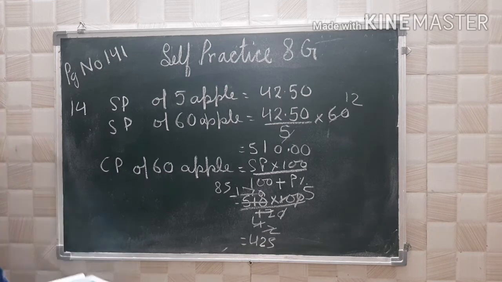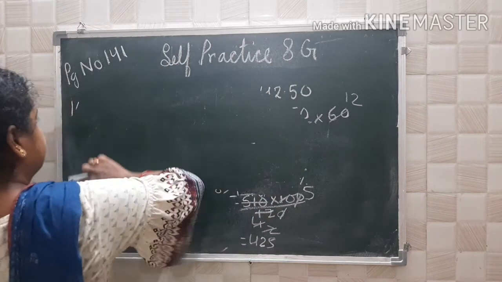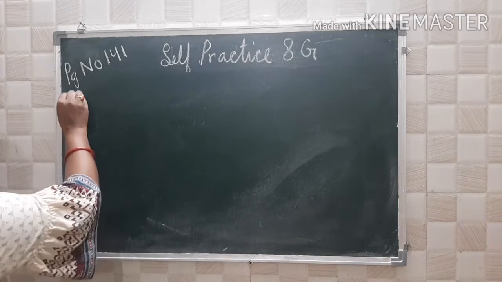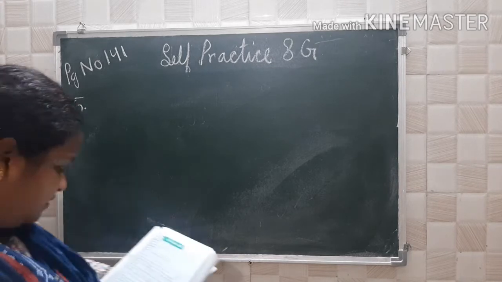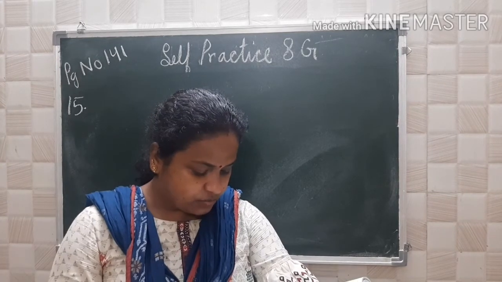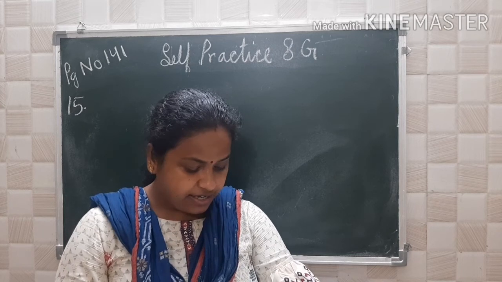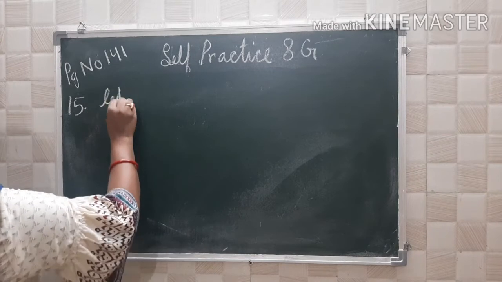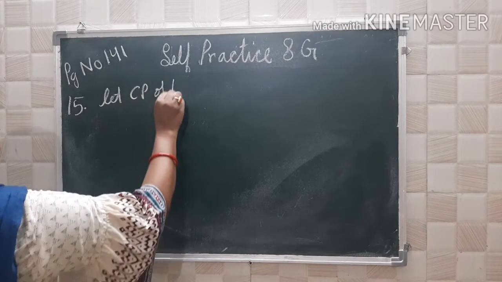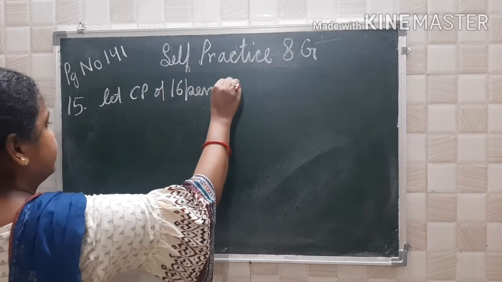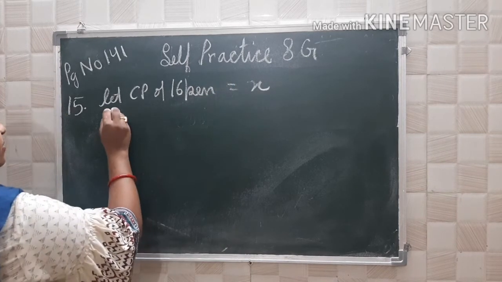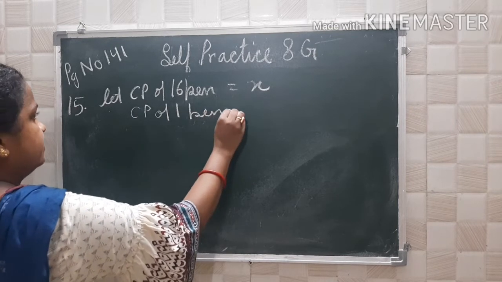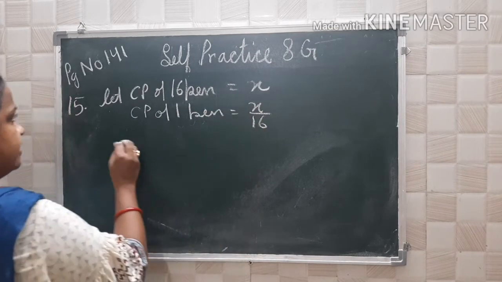Now see question number 15. The CP of 16 pens is equal to the SP of 12 pens. Find the gain or loss percent. Let the CP of 16 pens be x. So the CP of 1 pen is x by 16.